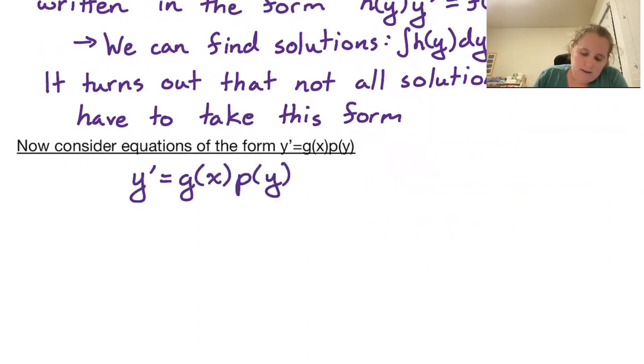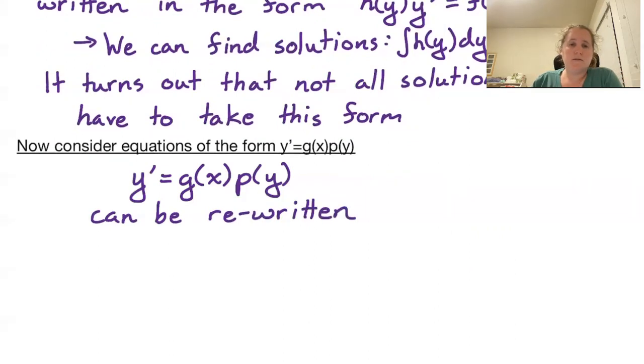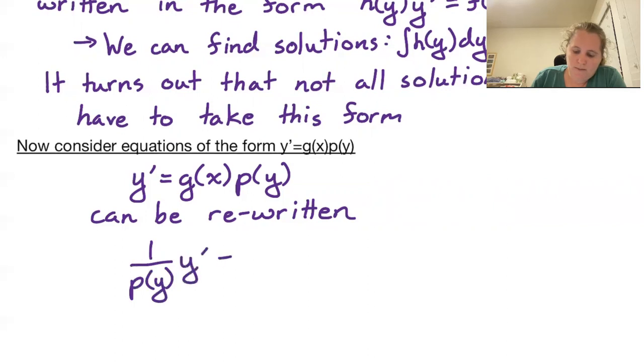We can rewrite this in more standard separable form. So we can rewrite this as 1 over p of y times y prime is equal to g of x.